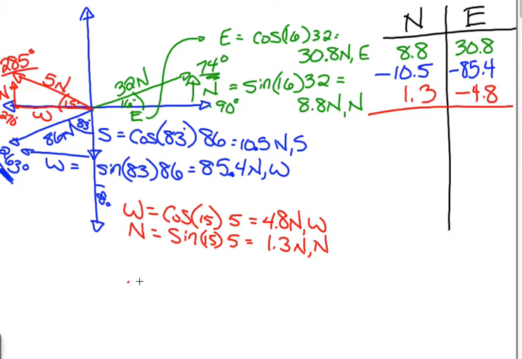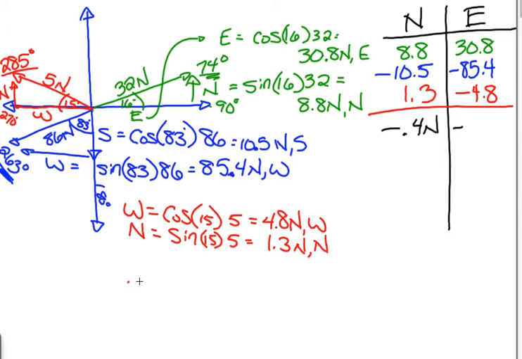8.8 minus 10.5 plus 4.3 gives me negative 0.4. Then I have 30.8 minus 85.4 minus 4.8.